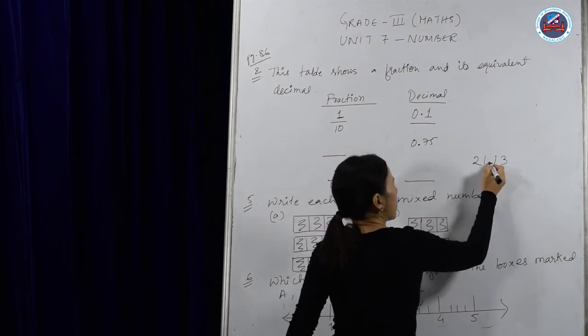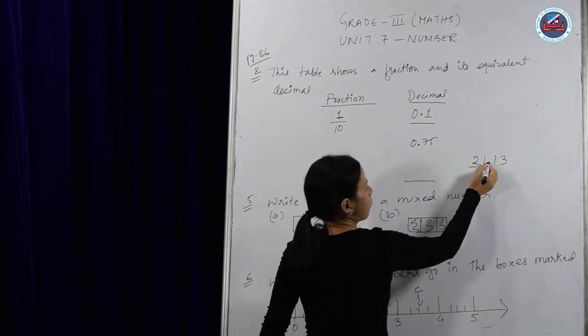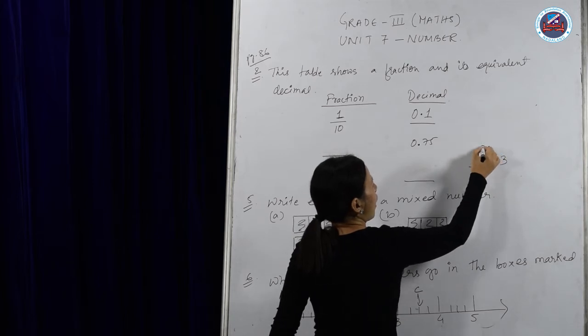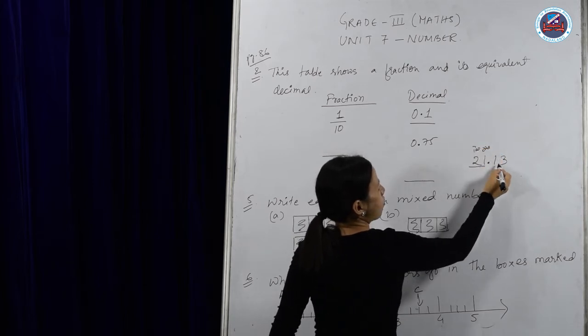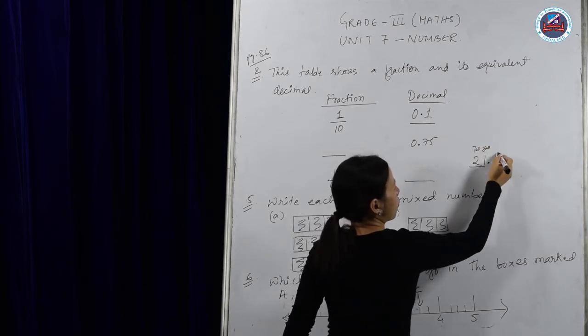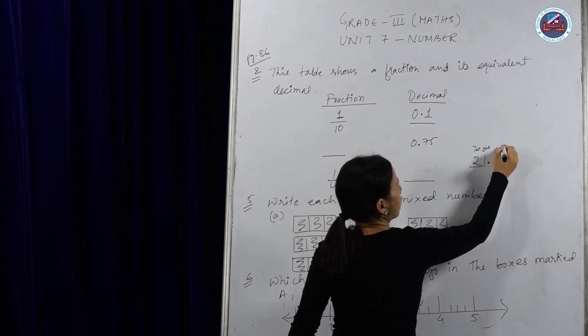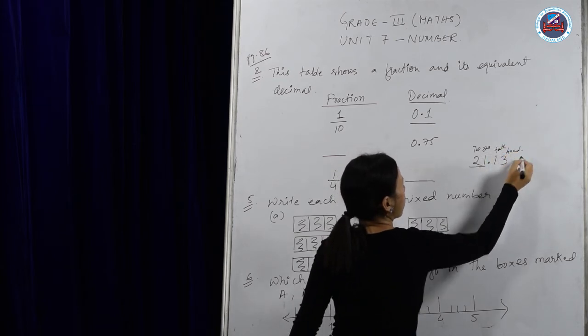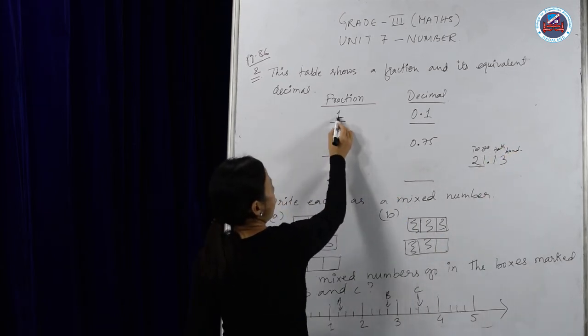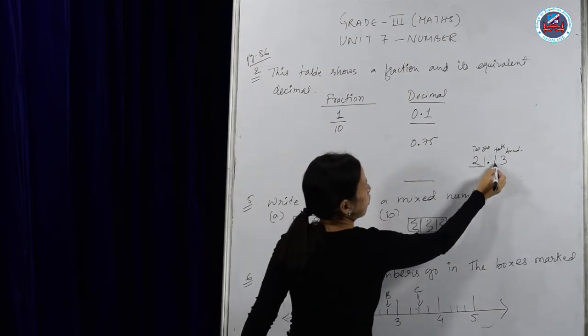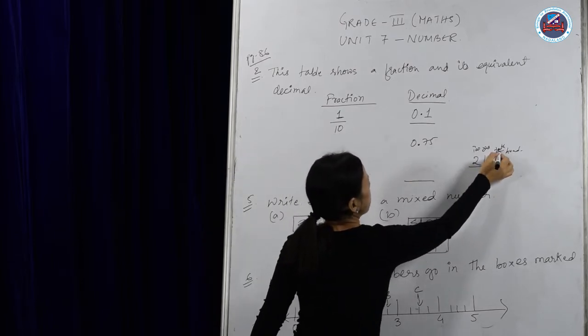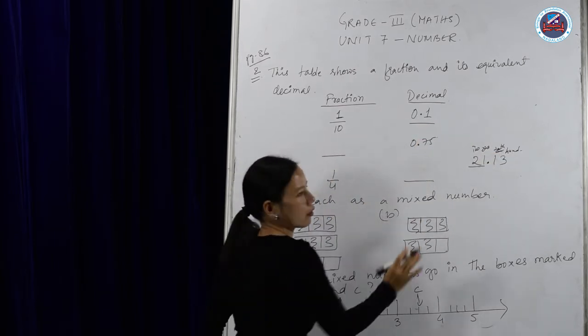How do we read the place value? Before the point, we read as 1s, 10s, right? After the point, we don't read as 1s, 10s. We read as tenths, hundredths, okay? So this one is in the tenths place. So right after the point comes tenth. So that's why point 1, okay?